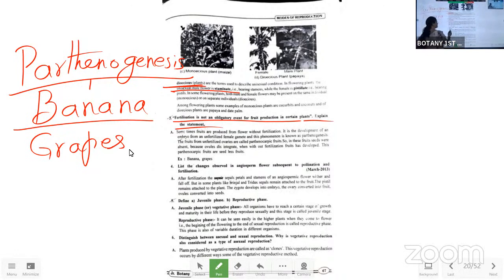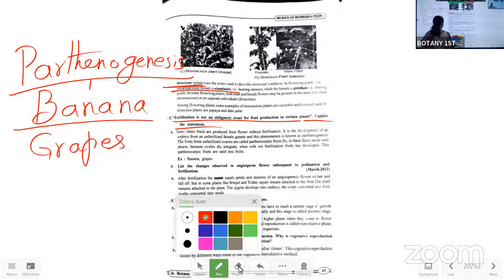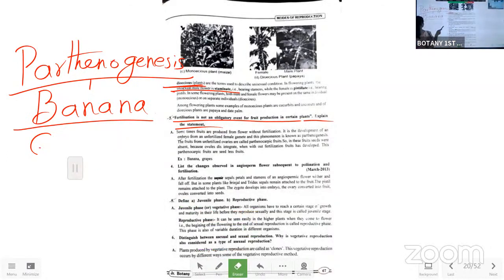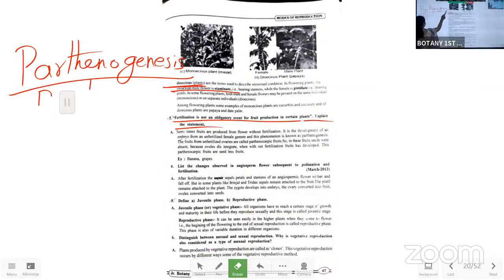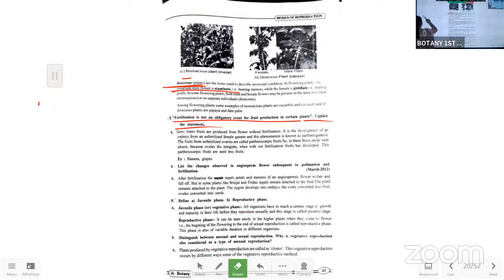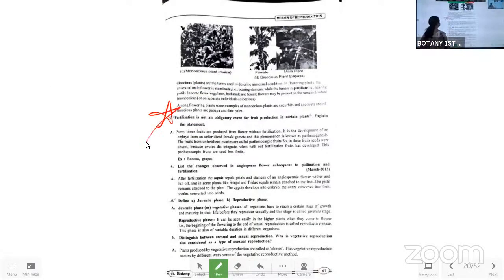And the next one is, so this also I have discussed when we discussed parthenogenesis. This question is important, what we discussed now. Fertilization is not an obligatory event for fruit production in certain plants. Explain. This one we can expect now.